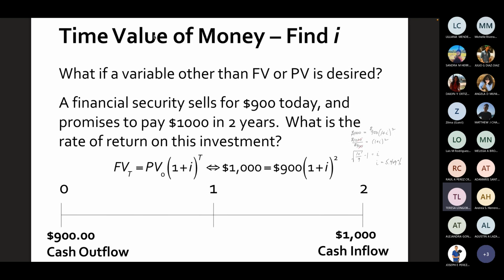In problems that are lump sum, it's not hard, but when payments are involved, it can get very complex, and solving this is not so easy. That's why we're going to use the calculator to help us. So this was doable algebraically. Now let's use the calculator to get the same answer.